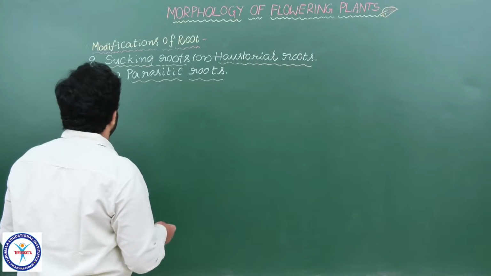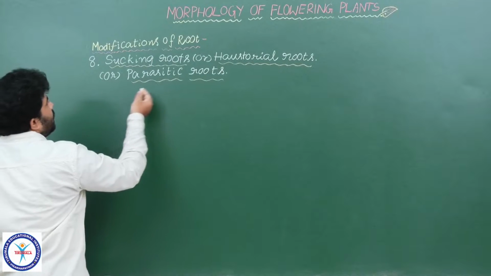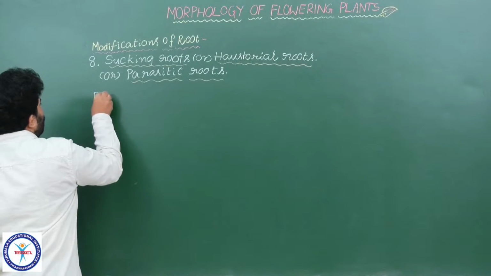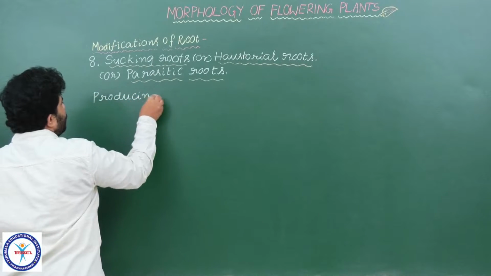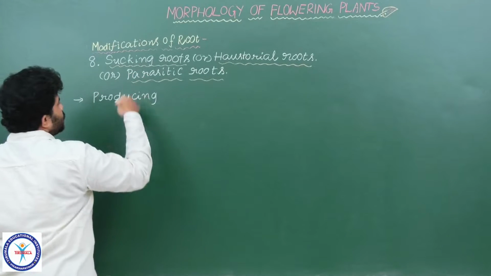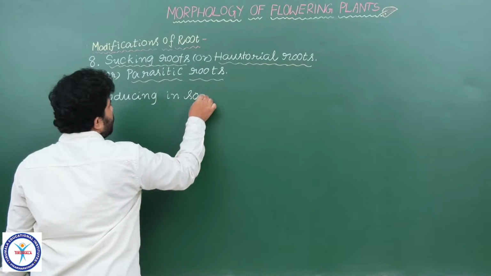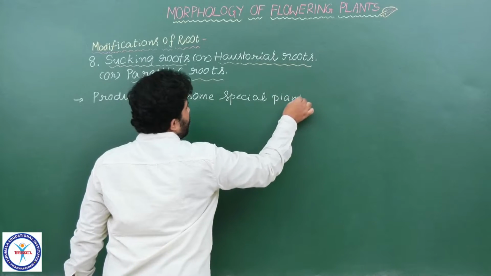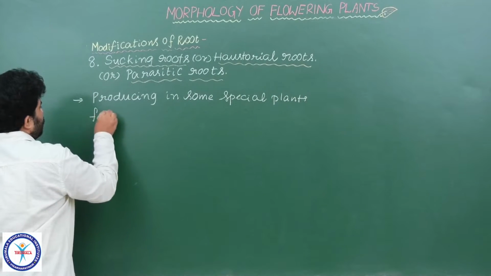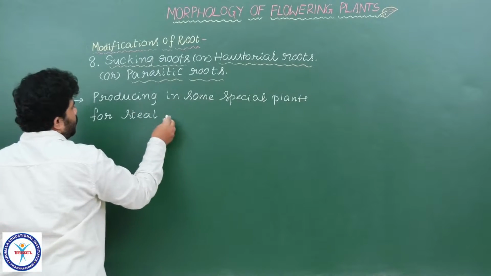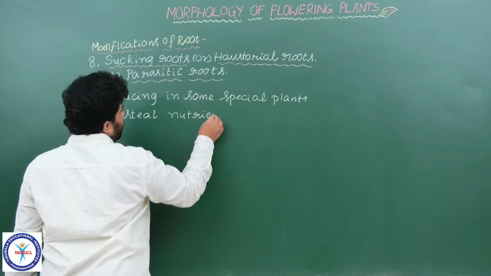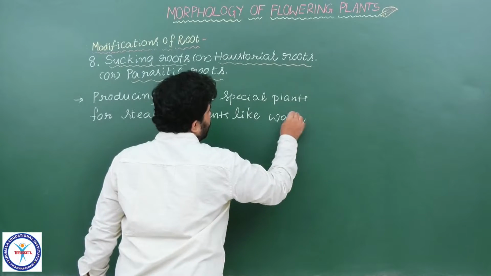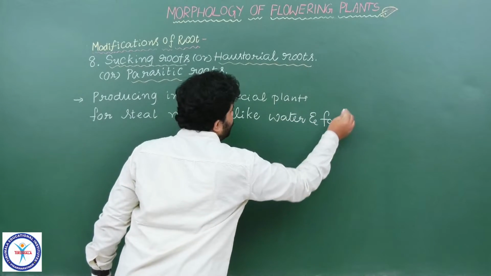Now you can write a few lines about these two different types of plants. Haustorial roots are produced in some special plants to steal nutrients like water and food, which contains nutrients.